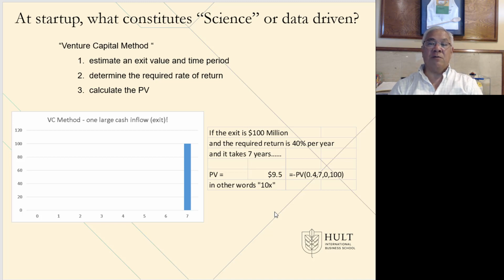By doing so, we can meet the parameters of our investment objectives to our limited partners for the venture capital firm. So that's where 10x and 40% come from. And that's roughly the high risk, high return relationship born in the expected return from a venture capital investment.